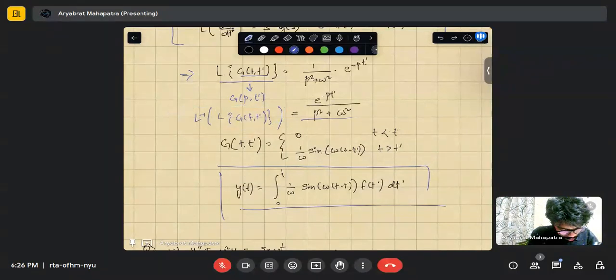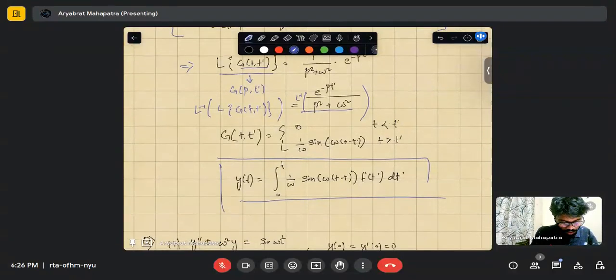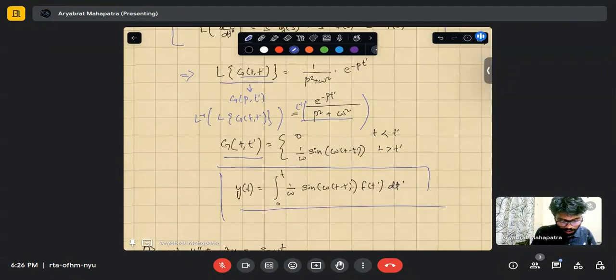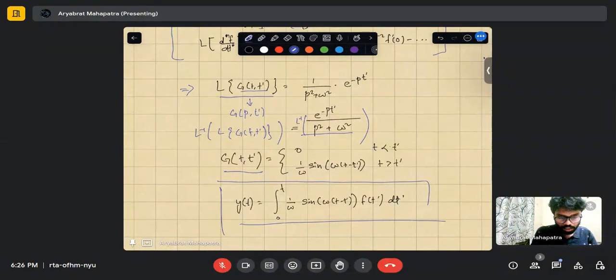You just do Laplace inverse on both sides, and you will get what is G. So the Laplace inverse on your left-hand side, the Laplace inverse of Laplace of G of t, is basically G of t, equal to the Laplace inverse on your right-hand side. That will give you this thing.